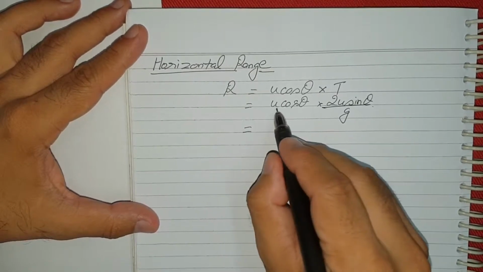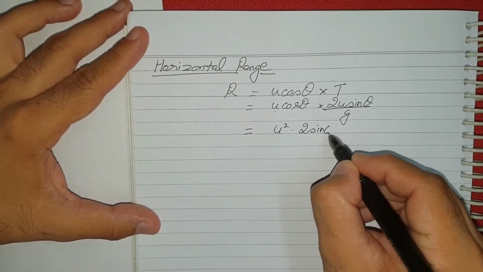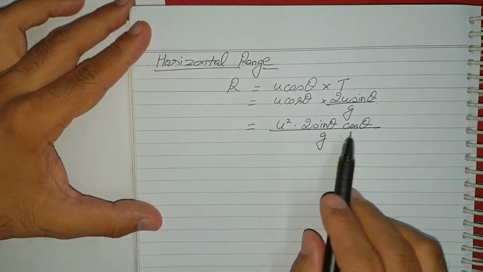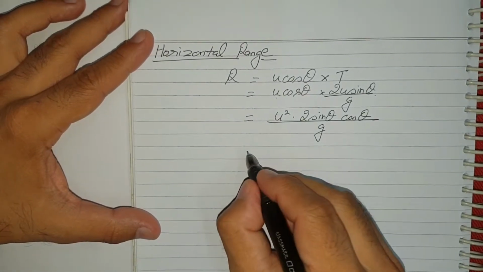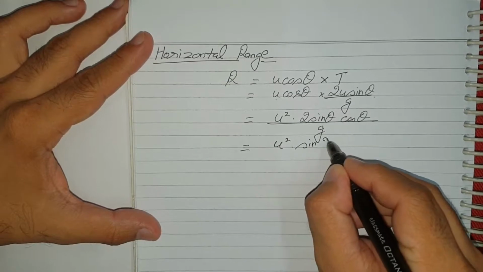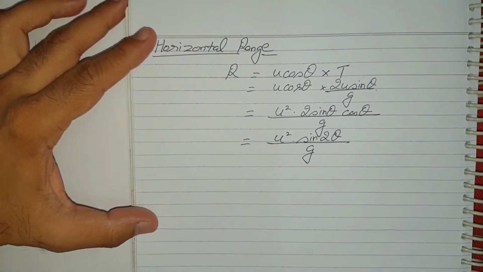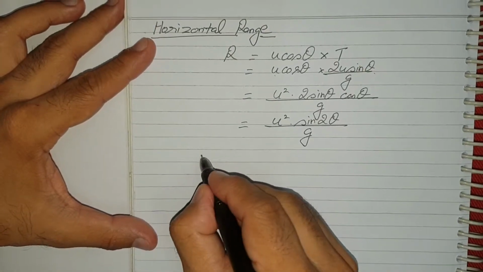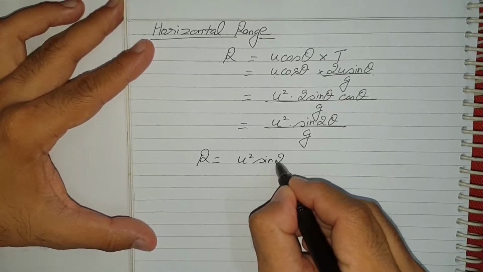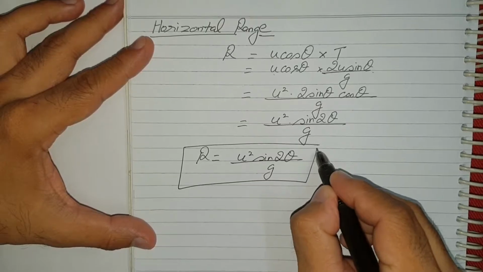So this is u square into 2 sin theta cos theta by g. Now 2 sin theta cos theta, in trigonometry, is sin 2 theta. So this is the expression for the horizontal range: R is u square sin 2 theta by g.